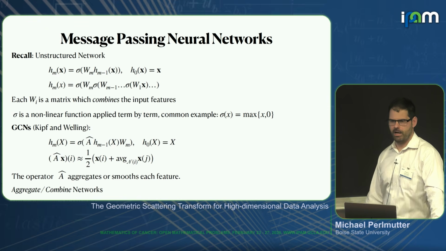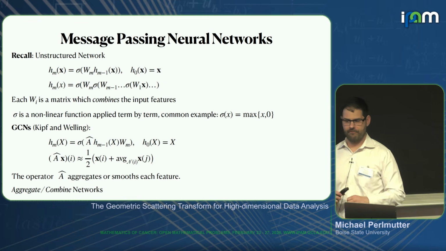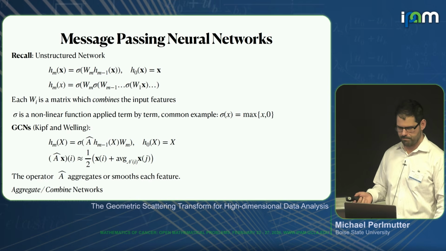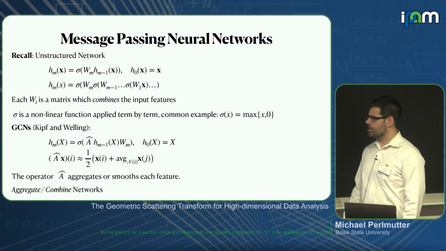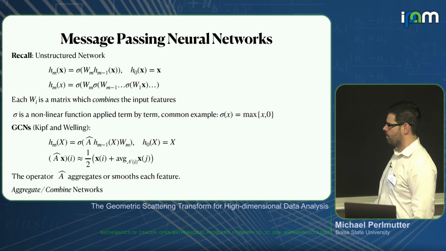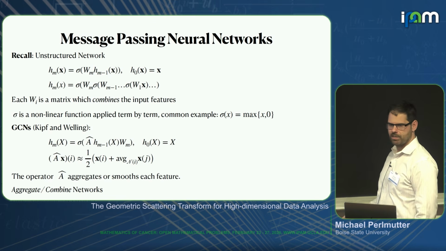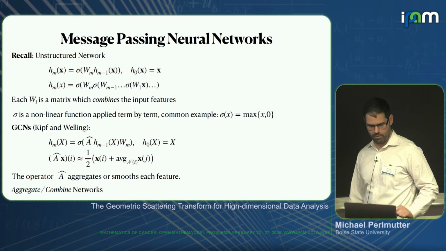So message-passing neural networks are based on the assumption that each row is a set of features associated to a vertex. What you're doing is essentially taking a standard deep neural network. At each layer, you're acting on the features. You're multiplying on the right by a weight matrix, where the matrix is on the right because it's a row vector.